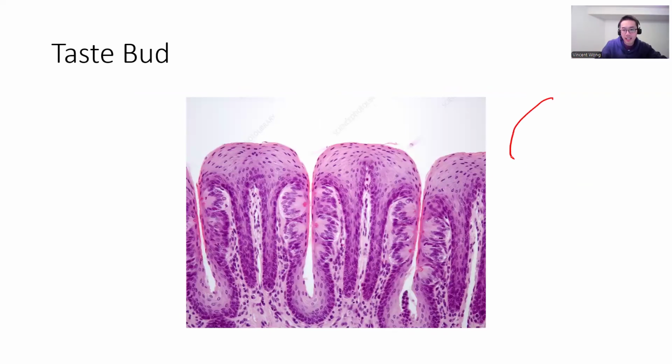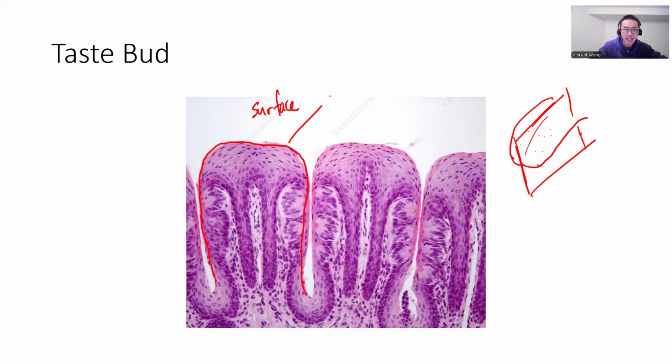If this is the tongue, sticking your tongue out, with all the dot stuff, this would be like a mid-sagittal cut. So like you're cutting the tongue like this, and then you're viewing it. This would be the surface of the tongue. And you can see this whole structure right here, that's a papilla.